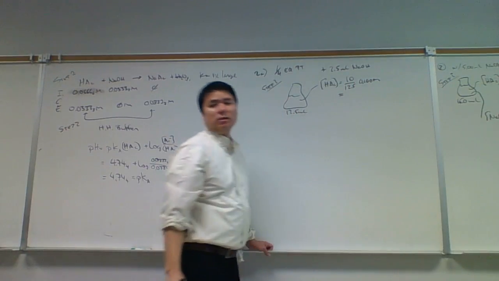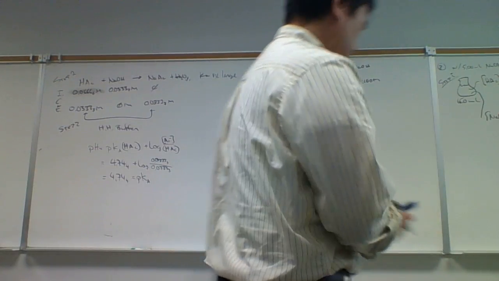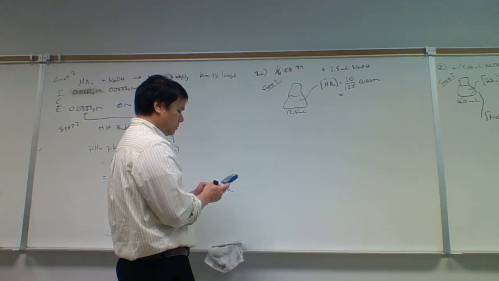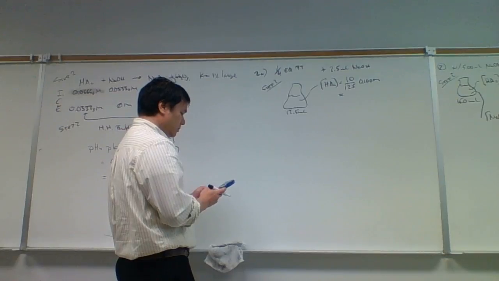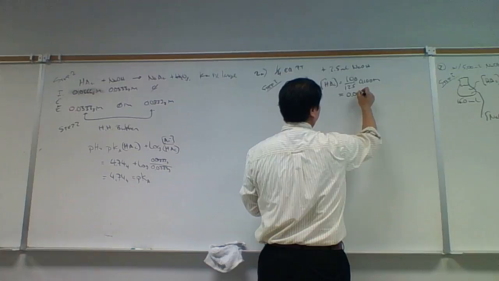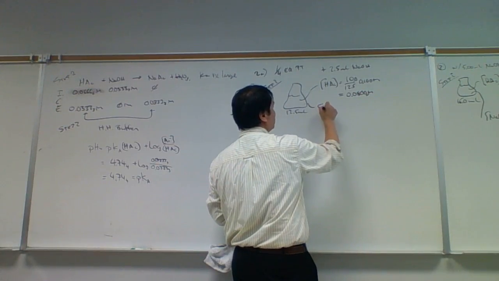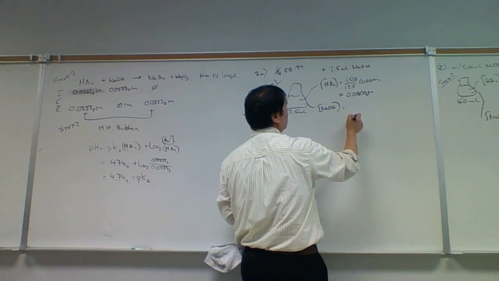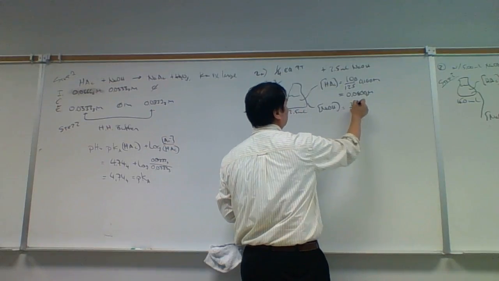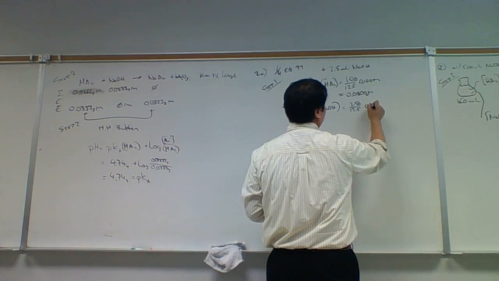And so what does that equal? 10 times 0.1 divided by 12.5. This is 0.0800. Then we calculate the sodium hydroxide concentration. The sodium hydroxide concentration is going to be a 2.5 to 12.5 dilution. Keep it 3 sig figs of 0.100 molar.